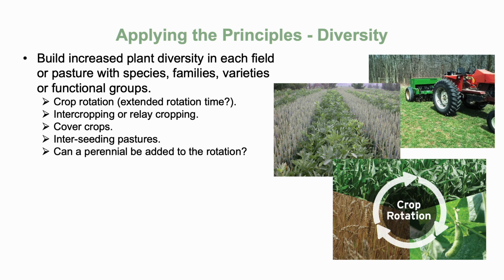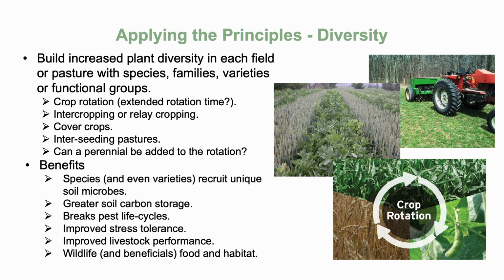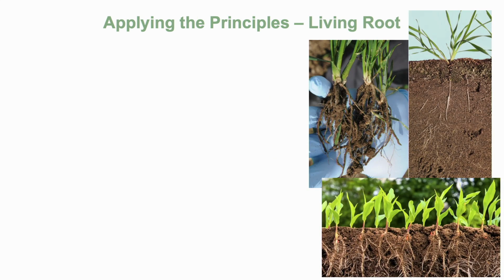Some of you may be able to. Perennials are a great way to modify soil and add diversity. So here, I'll just let you look at those things for the sake of time. Those are some of the benefits that we would see from our diverse plant systems.